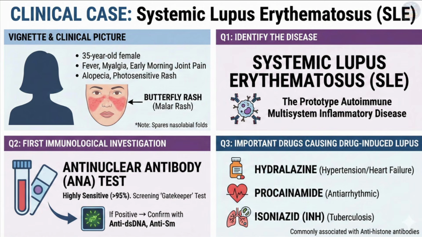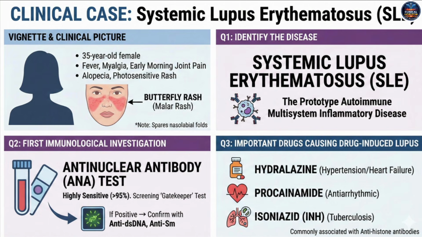The examiner might ask, how do you differentiate this from other facial rashes like rosacea or seborrheic dermatitis? The key feature of SLE is the malar rash. It spares the nasolabial folds.